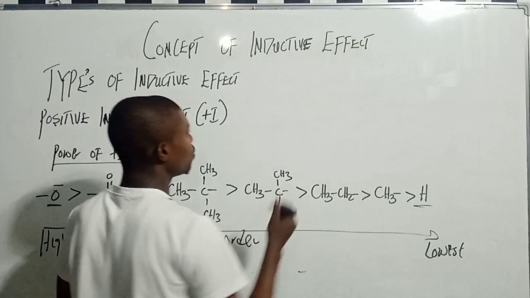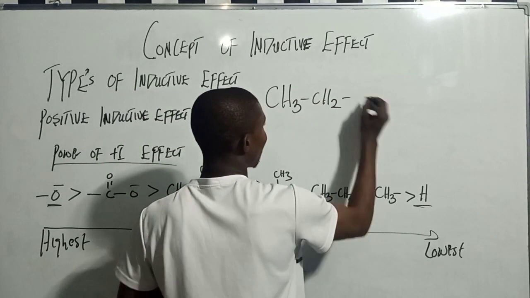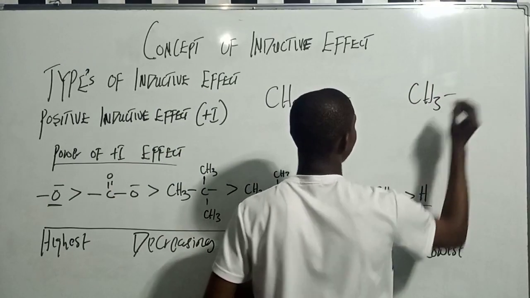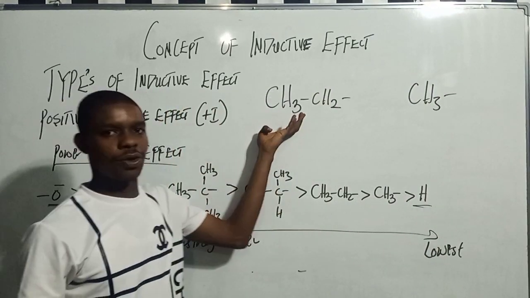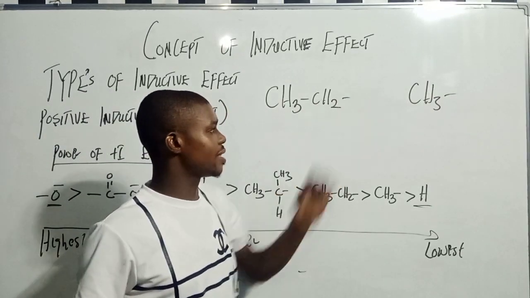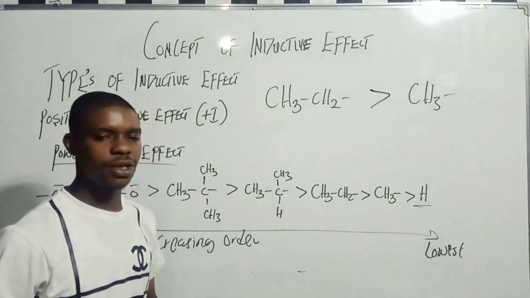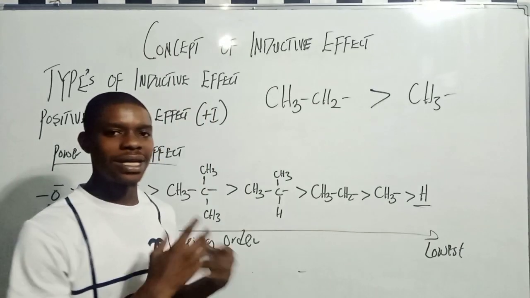So when you see something like CH3, CH2, and CH3, the more the carbon atoms, the more the plus I effect. Now we compare the plus I effect between these two; this one is greater than this one. These are the basics to understand what is called inductive effect.